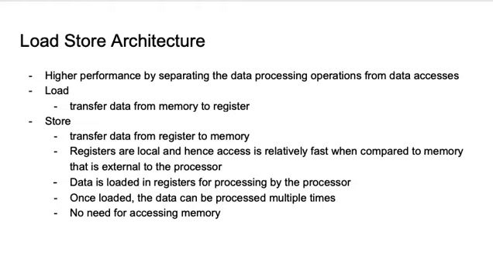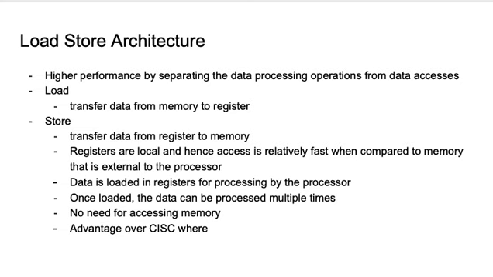Data is loaded in registers and processed in RISC architecture. There are no direct operations on the memory. Also, once the data is loaded in the register, it can be processed multiple times. Because there is no need to access memory multiple times or often, the load store architecture provides definite benefits in RISC.